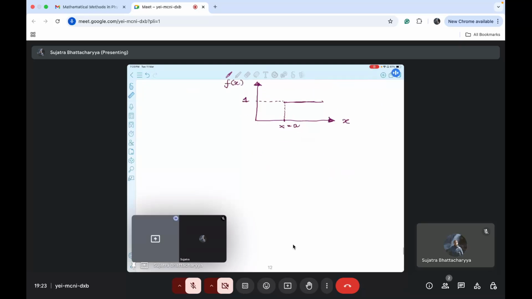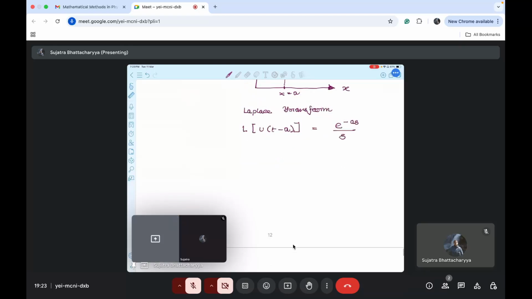So how to perform the Laplace transform? So what is the Laplace transform? The Laplace transform of the unit step function, that is L of u(t minus a), suppose now I am writing, will be nothing but e to the power minus as divided by s. How? Now you just put the definition, the integral of u(t minus a) e to the power minus st dt. Alright.